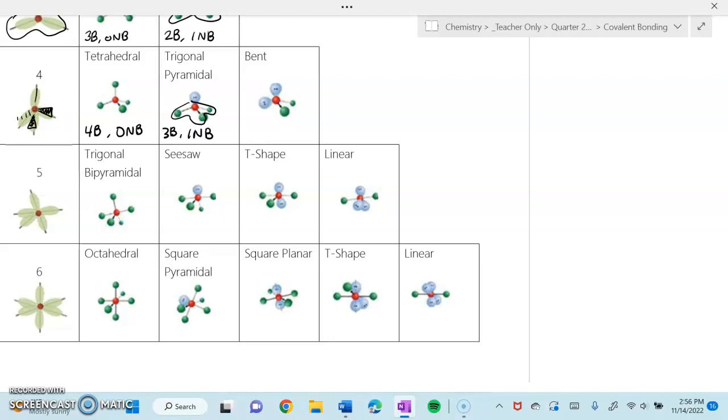So overall, the electron regions hold the shape of tetrahedral, but we only see the 3 that are bonding in our compound. And lastly, if we have 2 bonding and 2 non-bonding, now we are back to that V bent shape, like we saw in the previous example where we had a bent with 2 bonding and 1 non-bonding.